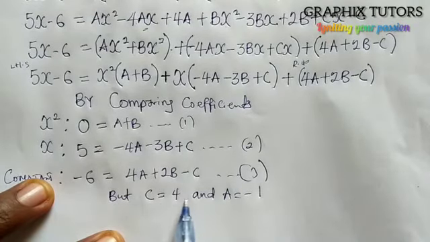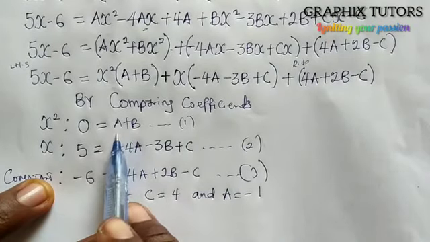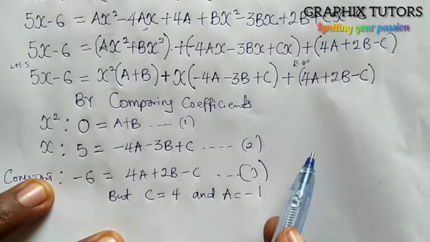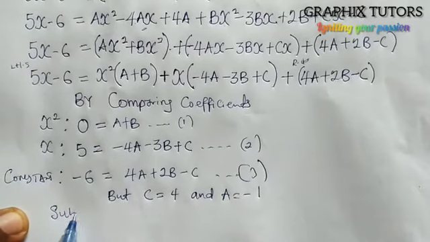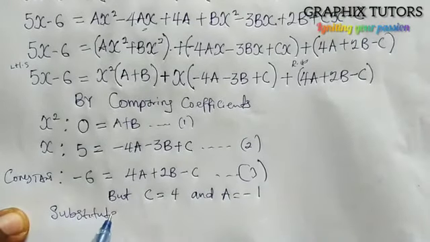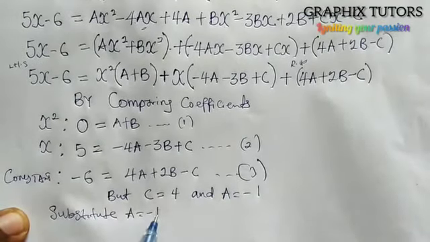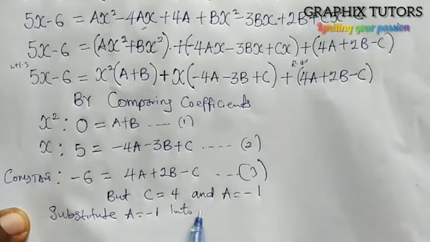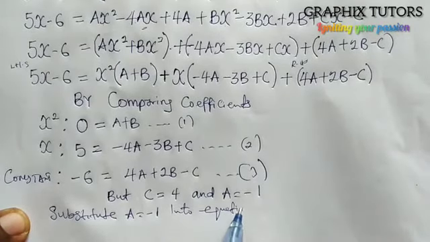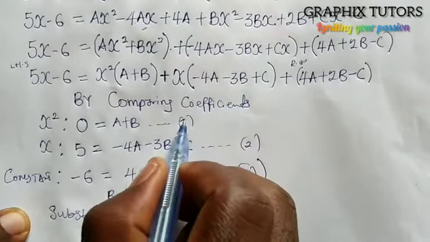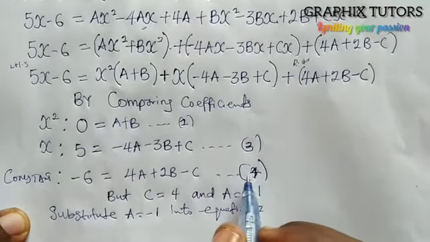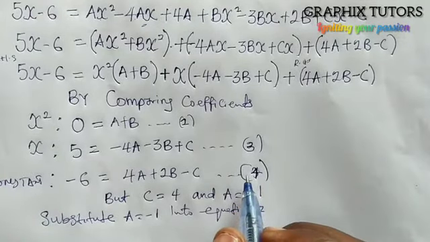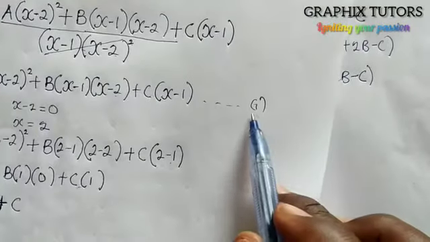So if I input my a here in equation 1, I'll get b. So let's do that. Substitute a equals minus 1 into equation 1, because we already have equation 1 in the beginning.